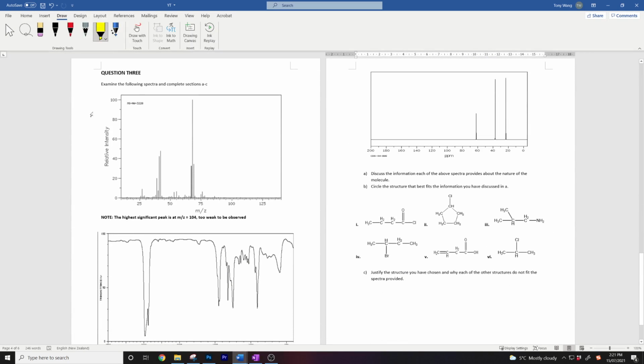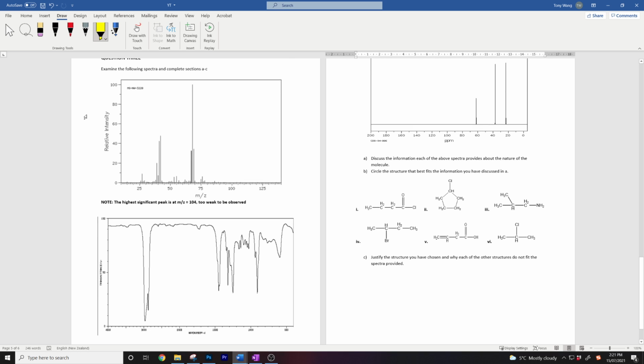Okay, so question 3, same type of question. Anything interesting here? Not in particular. Let's have a look. The molar mass is 104, which means 104 grams per mole.